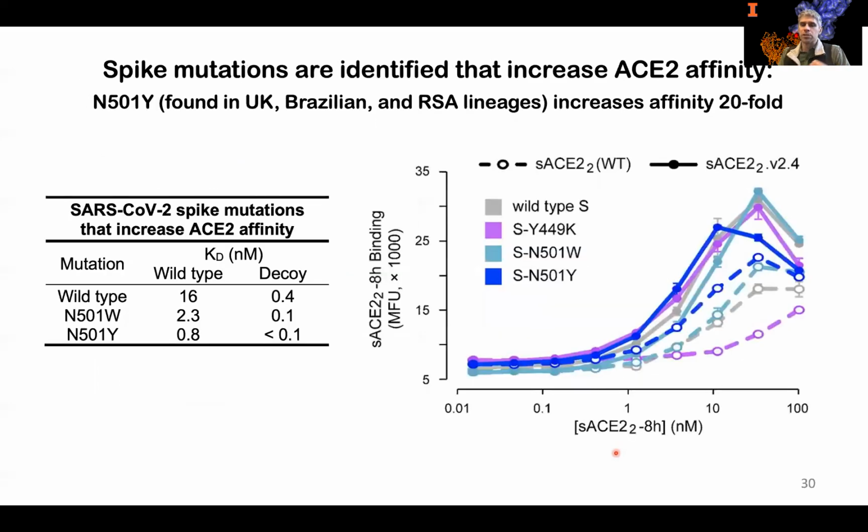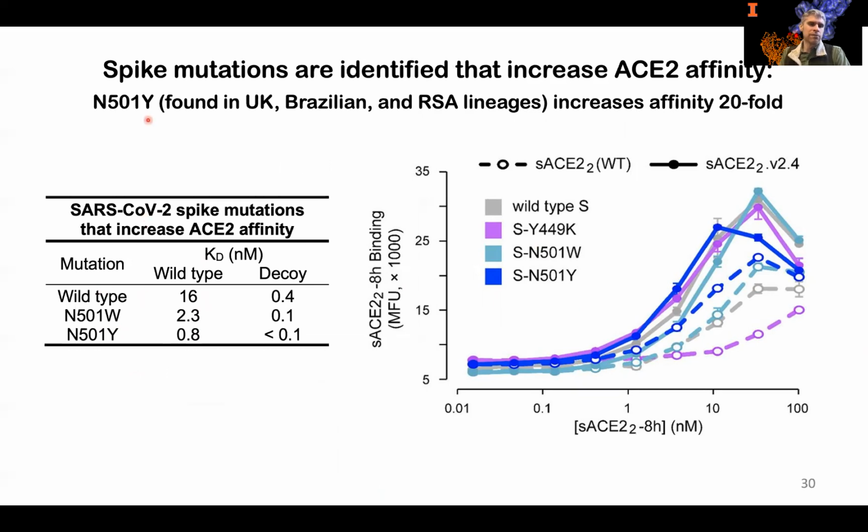The short answer is we don't find any such mutants, but what we did pull out were some mutations in the viral spike that massively increase affinity for ACE2, and in particular, the standout mutation was N501Y, which increased monovalent affinity 20-fold, less when you consider avidity on the right here.